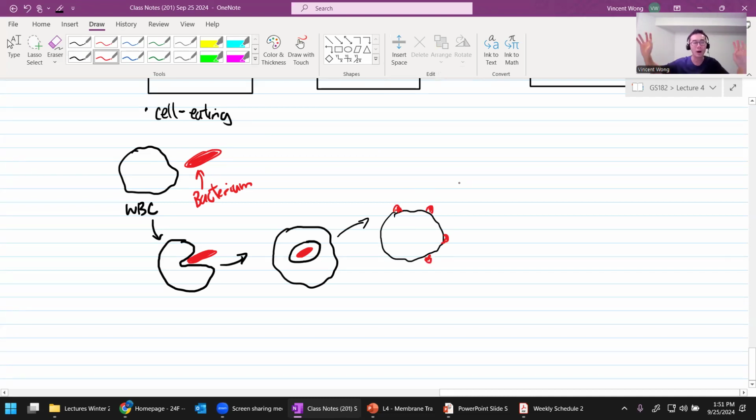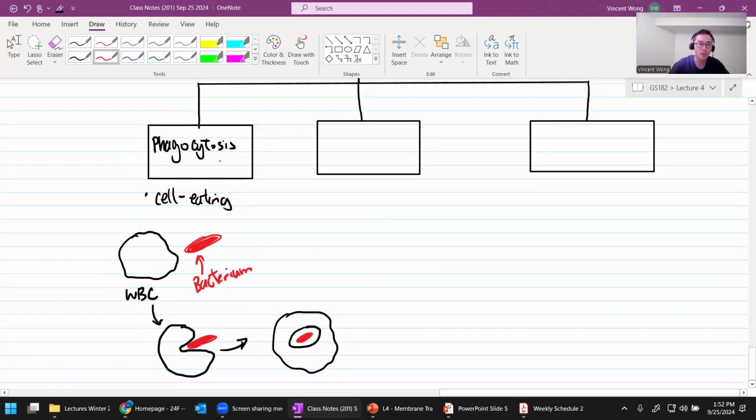And they would go around and show it to other white cells. Like, hey, guess what? I killed a bacterium, and it looks like this. You should go find these guys and clear them out of the body as well. That's how the white cells communicate with each other. Okay, so by putting bits and pieces of the bacteria on the surface, it's showing other white cells what the invader looks like, and then they would go around and kill them. Okay, more on that later in the program.